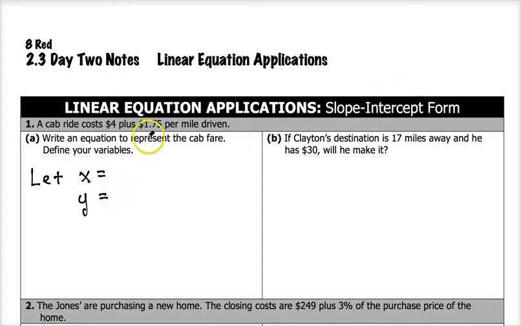We have a rate in this problem. Okay, we know it costs $1.75 per mile. The rate of change is similar to the slope when you have a linear function. The rate of change always relates the y value to the x value, or the dependent to the independent variable. So in this case, the number of miles, the part that comes after the word per, is our x value.